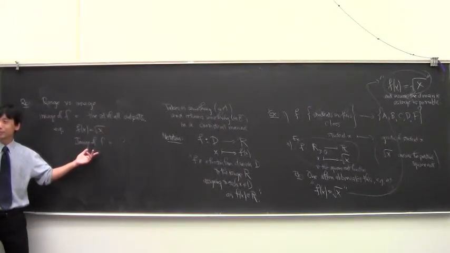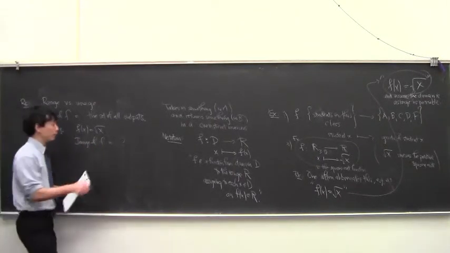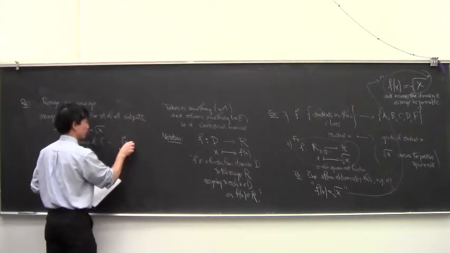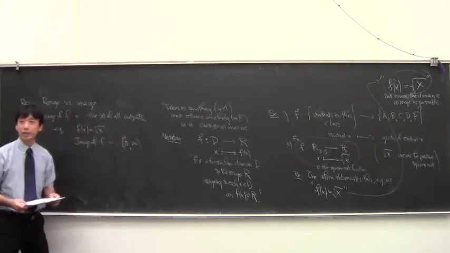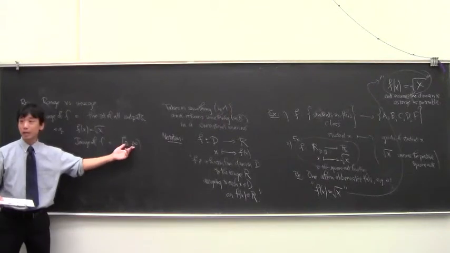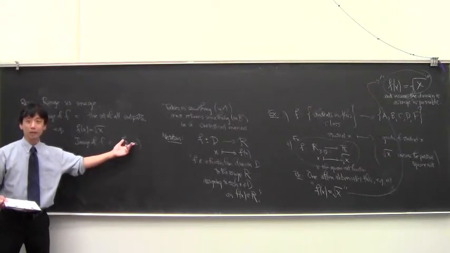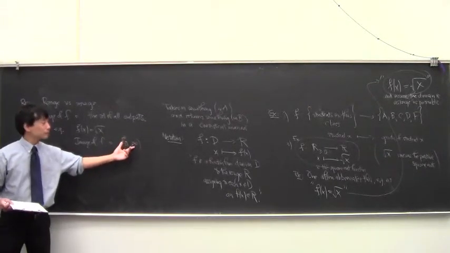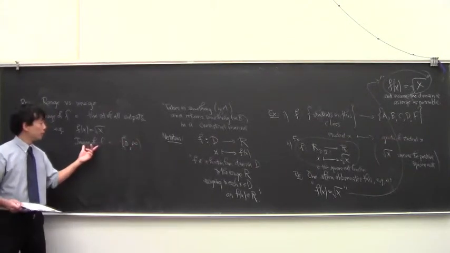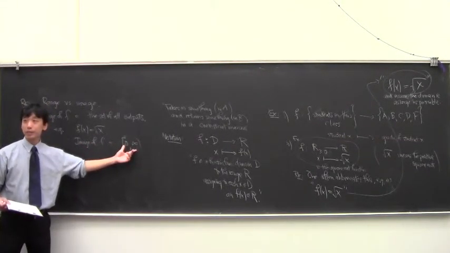Victor? 0 to infinity. 0 to infinity, right? Because you can get all of these things, and you can't get anything else, at least not unless you start talking about complex numbers, and we're not going to. So the image of f is 0 to infinity.